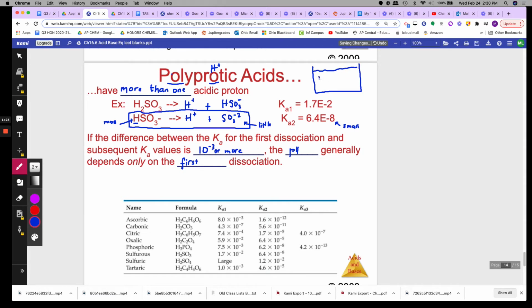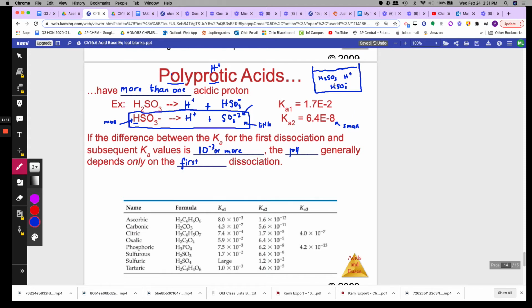A lot of H2SO3 is left because it's not a strong acid. There will be some H pluses in the beaker as well. There will be some HSO3 minus, and there will be hardly any of this substance. Okay, that's what that means.